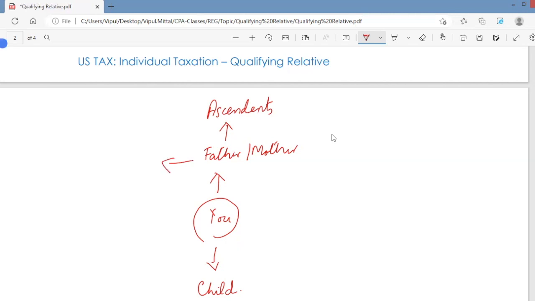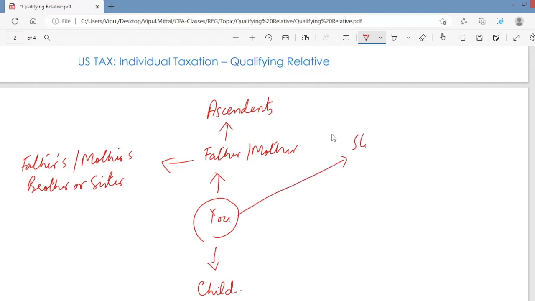You can also claim your father's brother or father's sister as your qualifying relative, or your mother's brother or mother's sister as your qualifying relative. You can claim your stepfather or stepmother as your qualifying relative.